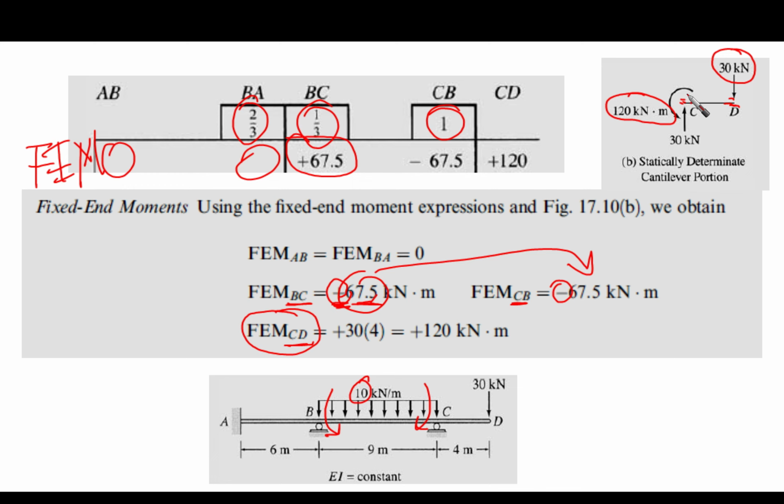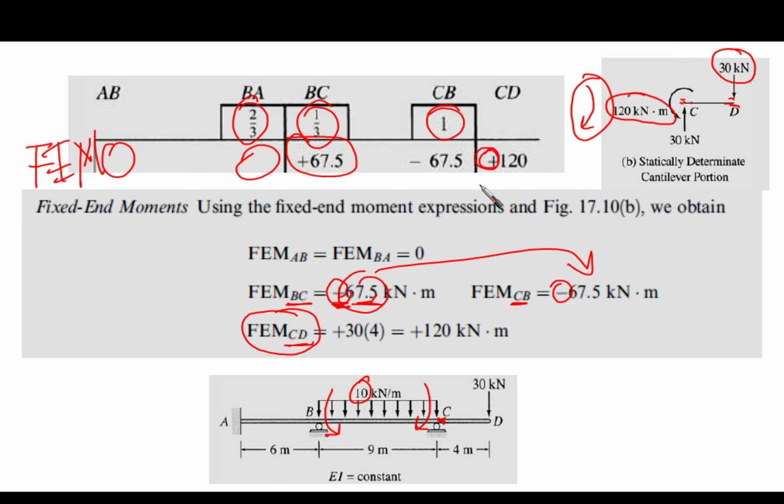Okay, so this is the statically determinate cantilever portion. This is the free body diagram of the cantilever portion, right? So this means that this moment needs to be reflected on the beam at point C. So we will use this amount of moment here, and this is going to be added at point C from the outside. Take care of the sign. It is positive.